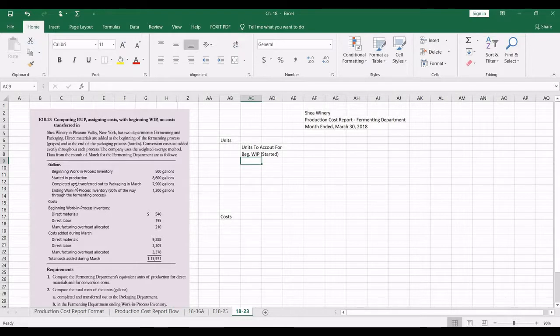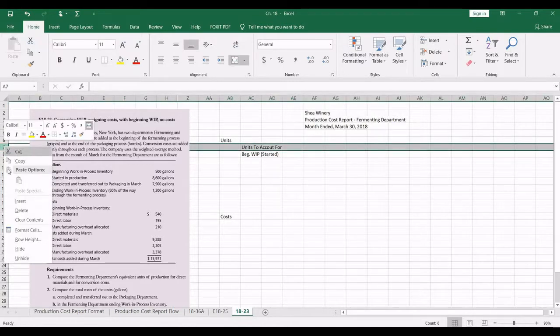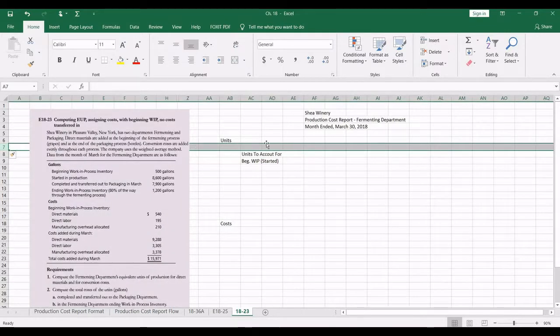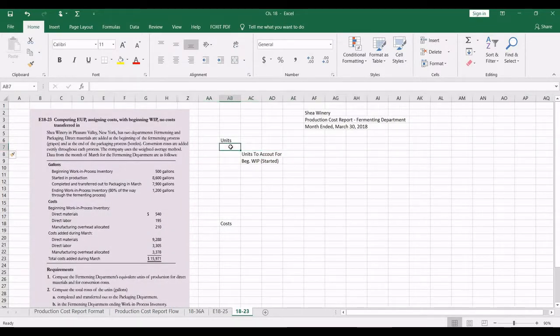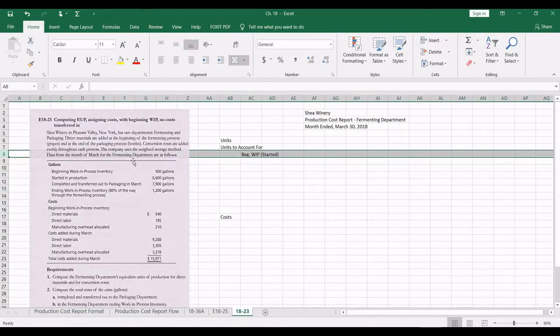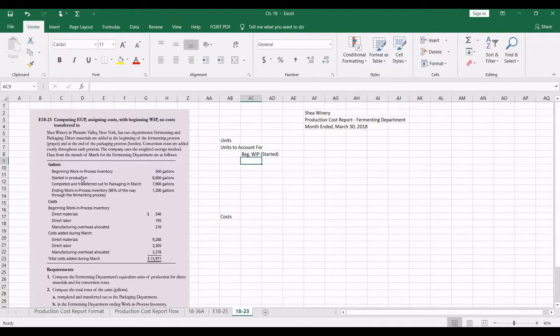Okay, so the next line is, oh, I missed a line actually. Delete that. Beginning work in process.